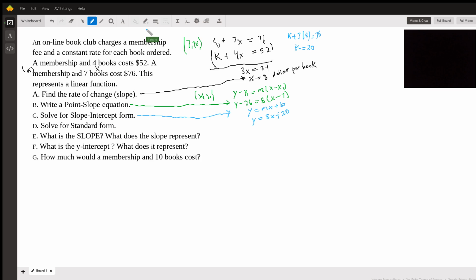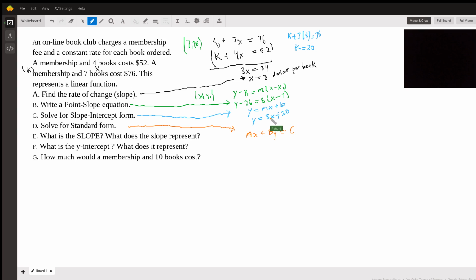And then the last one they want here is standard form. You might remember standard form is ax plus by equals c. A, b, and c have to be integers. So that's relatively easy to do. I'll just take this equation and rewrite it.